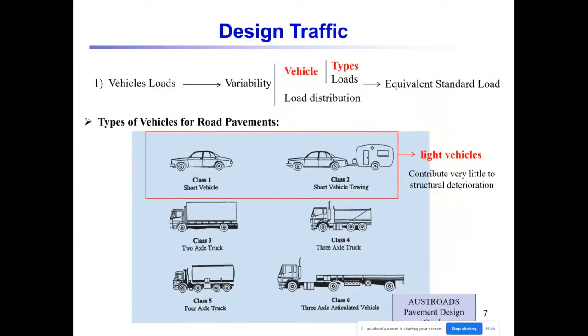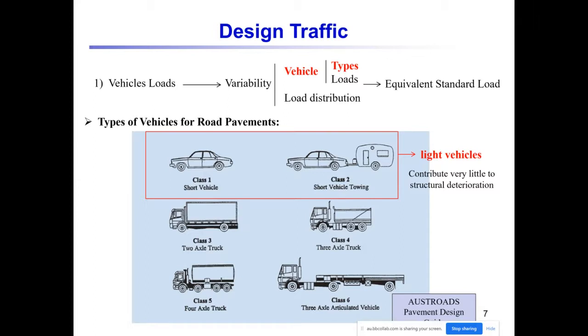The contribution of light vehicles is very little. The failure or the damage to the road because of the light vehicles is generally negligible. Because of that, when we want to design the pavement, we ignore the light vehicles. We only consider the heavy vehicles.